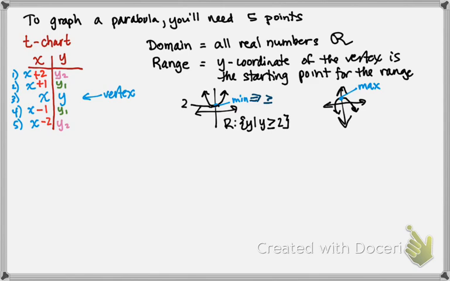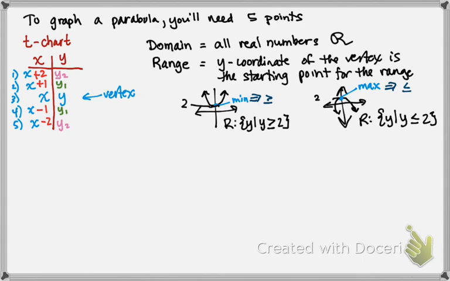So again, let's call this point 2. We would say that the range is all values of y such that y is less than or equal to 2. It's always or equal to because it's a solid point. So maximum is going to have a less than or equal to.